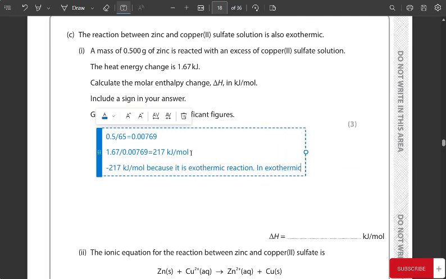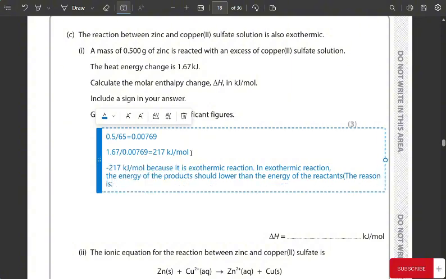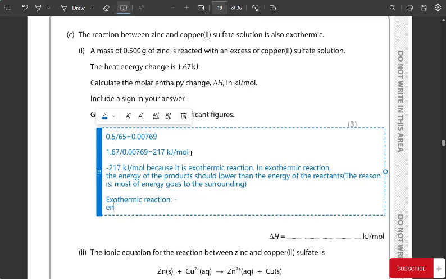In an exothermic reaction, the energy of the products should be lower than the energy of the reactants, and the reason is that most of the energy goes to the surroundings. For an exothermic reaction the sign should be minus in the heat change, and an endothermic reaction should be plus because it takes energy from the surroundings.